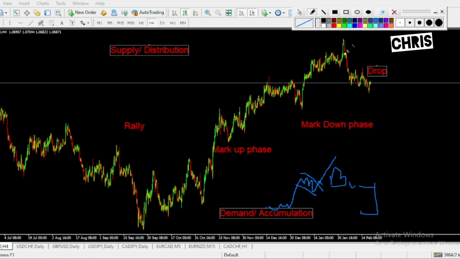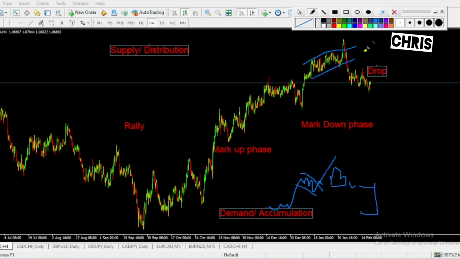In distribution, once we have experienced very high distribution at this point, this one and this one, once the market breaks the distribution zone and comes down, please place your sell position.